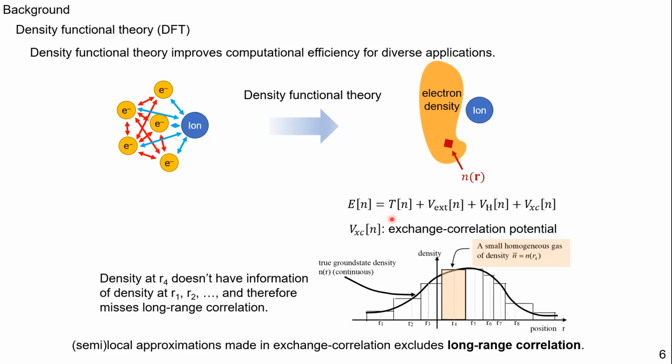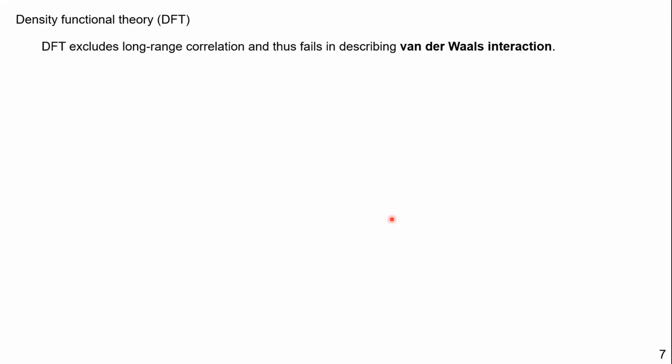This is a very critical problem because when density functional theory solves the exchange correlation energy, it assumes semi-local density approximations, which miss the information of the long range correlation between the electron density at long distances.